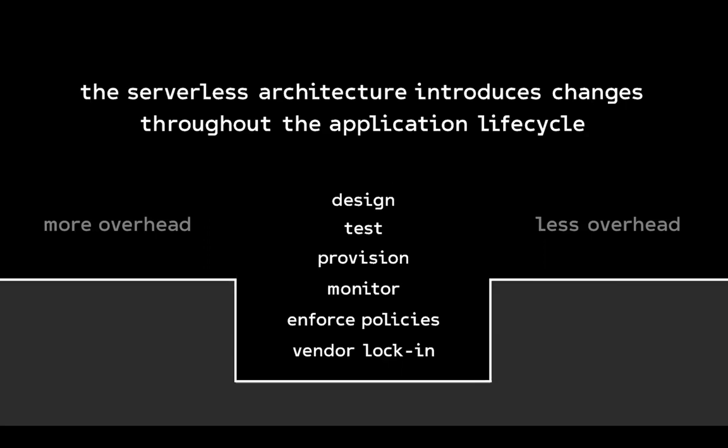Great new architecture, incredible value proposition, but there are some differences. And those differences aren't just in the development phase. There are subtle differences and some not so subtle differences in every single phase of the application lifecycle. That is development, deployment, testing, monitoring, securing, how you enforce policies, how you deal with issues like vendor lock-in.